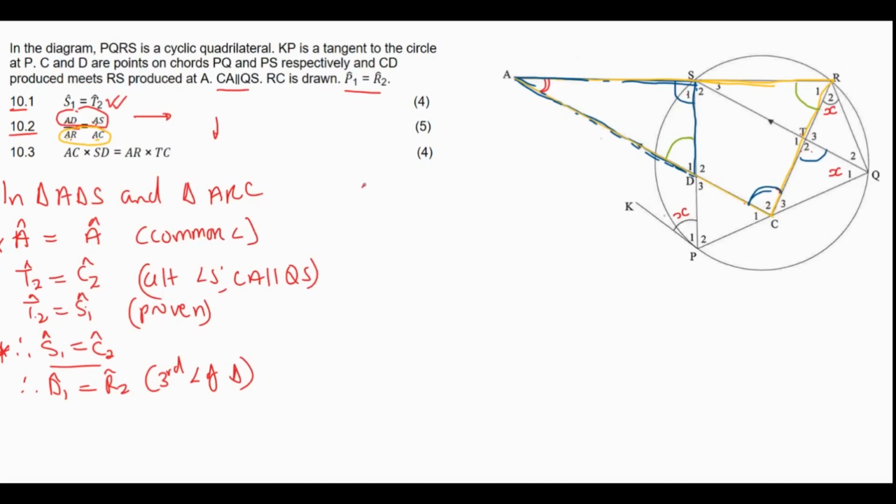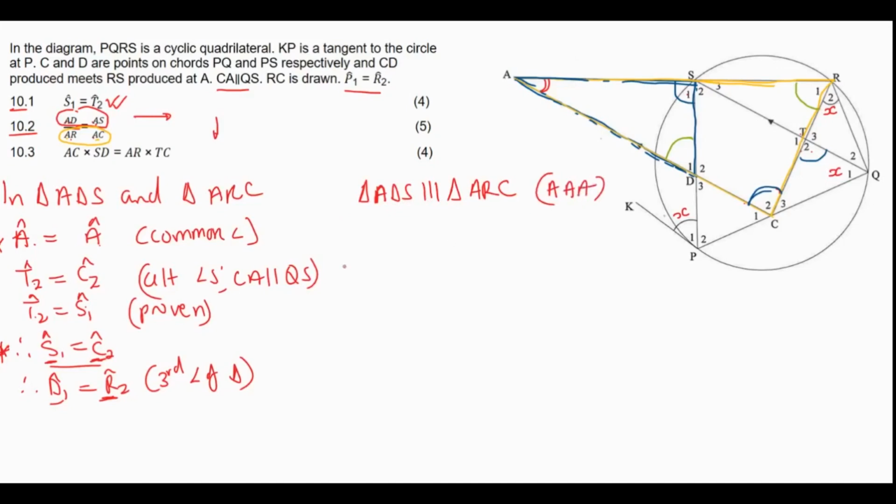So you can say triangle ADS is similar to triangle ARC. Angle A goes with angle A. And then angle D goes with angle R. And then angle S goes with angle C. So now we can say triangle ADS is similar to triangle ARC because of angle, angle.